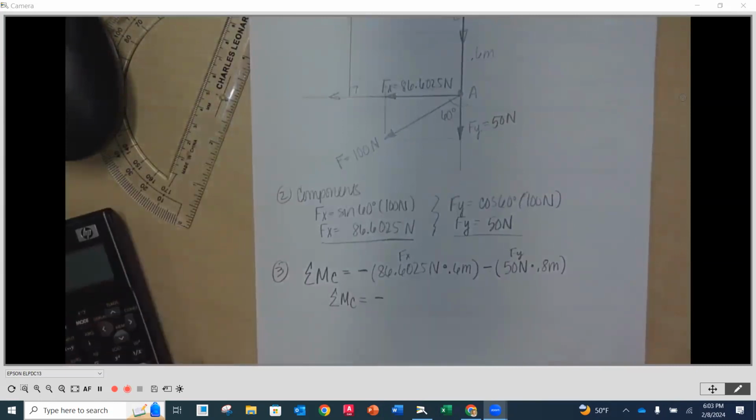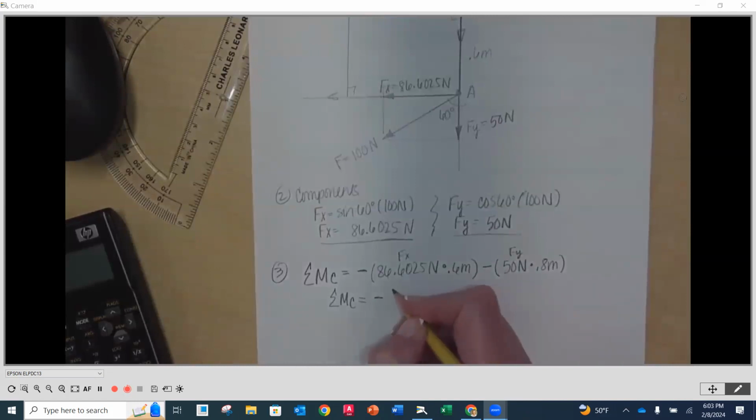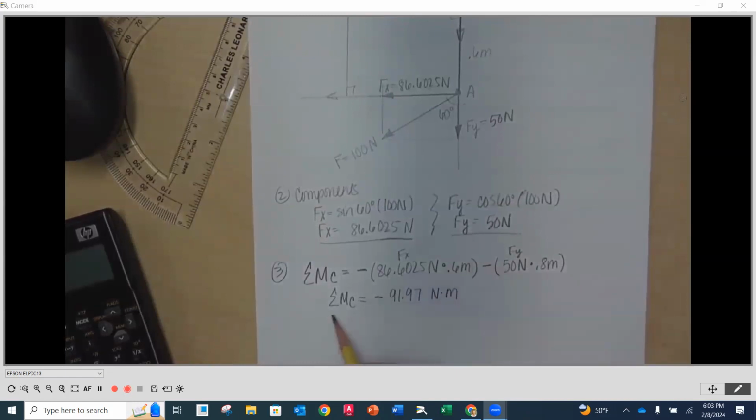Because I'm adding two negative values. And I'm getting a negative 91.97 newtons times meters.